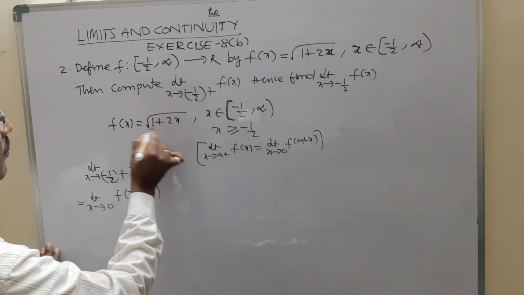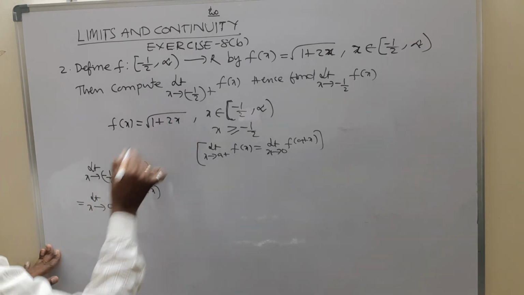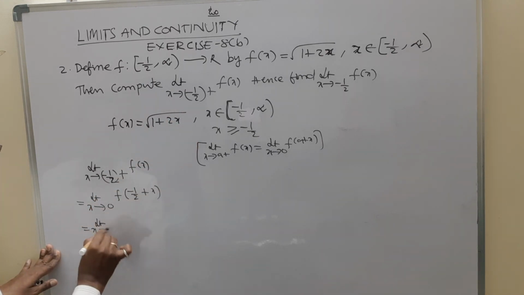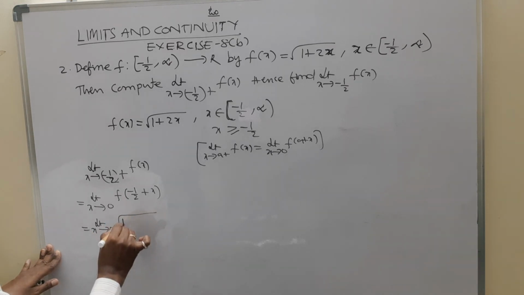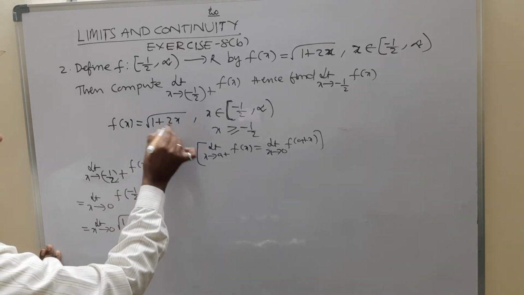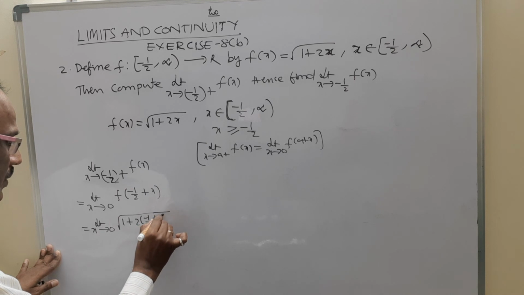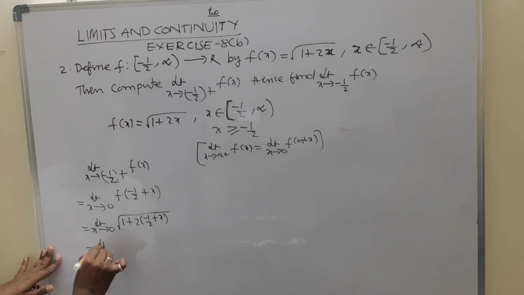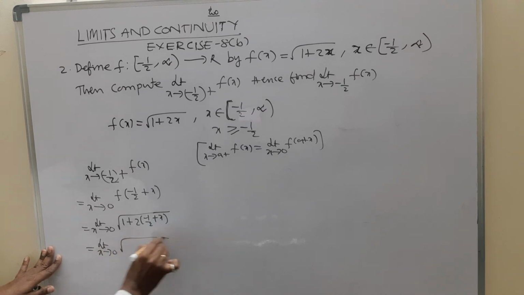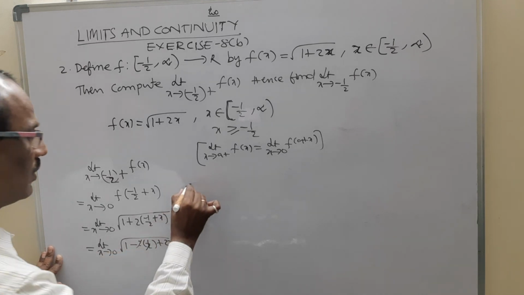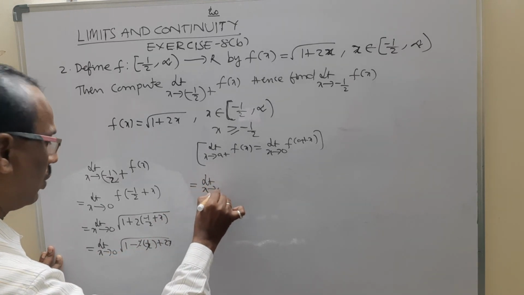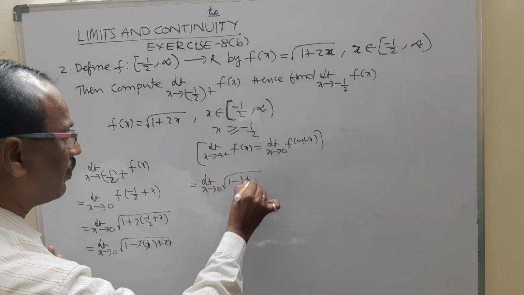In this question, f of x is given as square root of 1 plus 2x. So limit x tends to 0 of square root of 1 plus 2 times minus 1 by 2 plus x, which is limit x tends to 0 of square root of 1 minus 1 plus 2x.